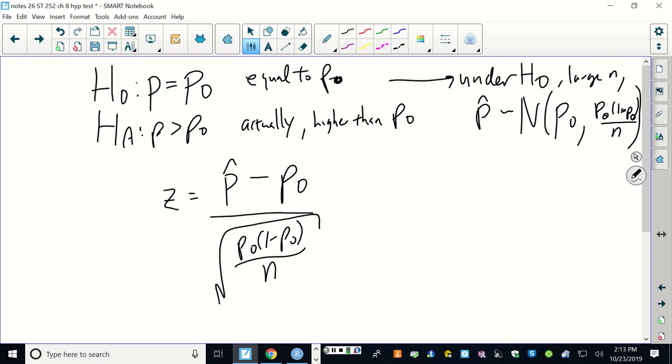If the null hypothesis is true, we've standardized this normal, and our z statistic is distributed as a standard normal. And so we'll reject the null hypothesis.